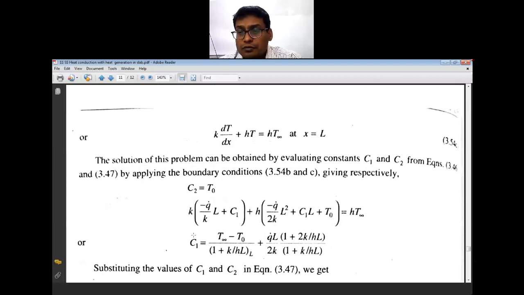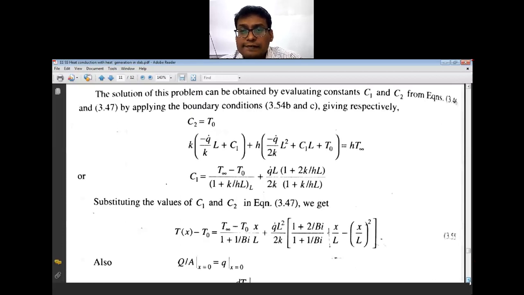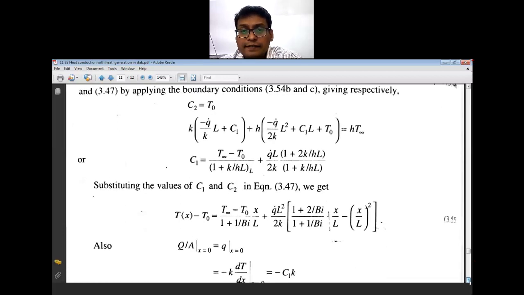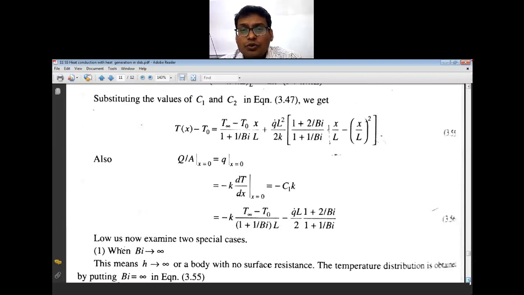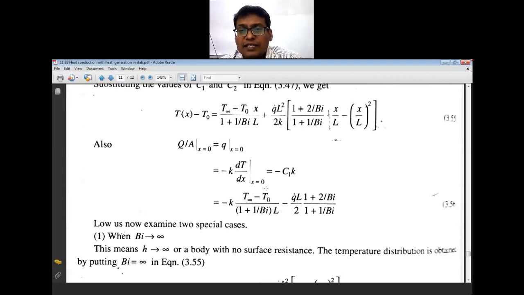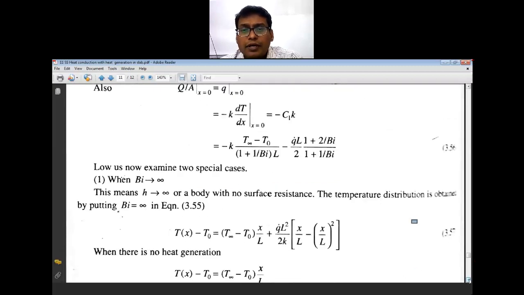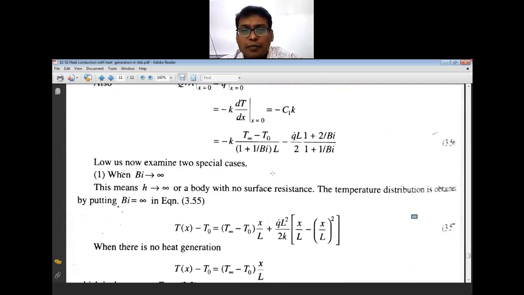This is talked about in terms of a Biot number. At a distance x equals 0, it simplifies in terms of a Biot number. Now when the Biot number tends to infinity, this means h tends to infinity.